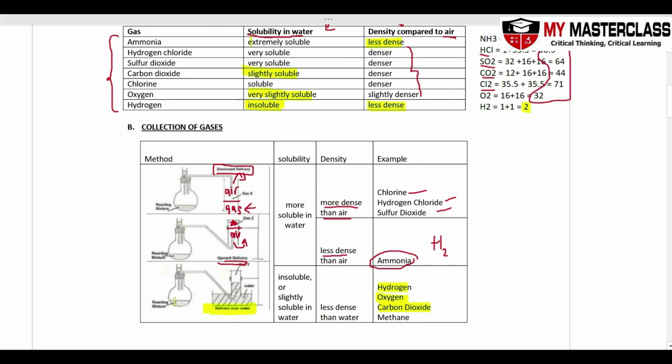In this setup, gas is produced over here and passes through the delivery tube into the water. Since the gases are not soluble in water, they cannot dissolve and will collect on top. These three gases are the most common gases collected using water displacement.